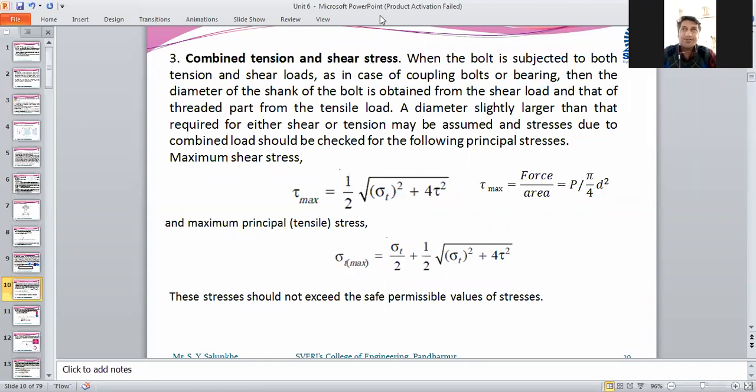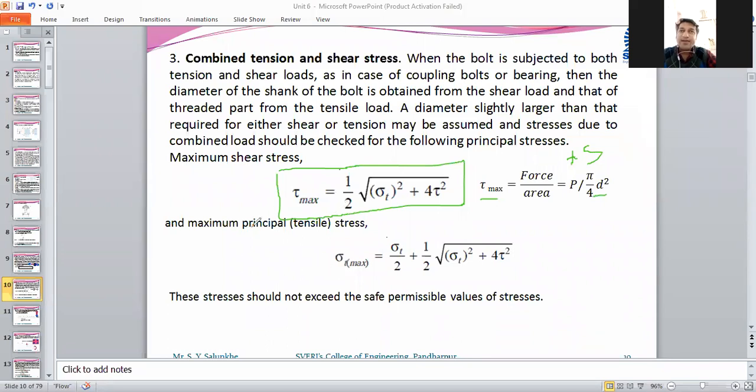Now in the case of combined shear and tensile stresses, we already know that the maximum shear stress is given by half of the square root of tensile stress square plus 4 into shear stress square, where the stress in the bolt is calculated by force divided by area. Hence you can put the value as P divided by pi by 4 d square, where d is the major diameter and P is the load which is coming. This load is a combination of tensile as well as shear.